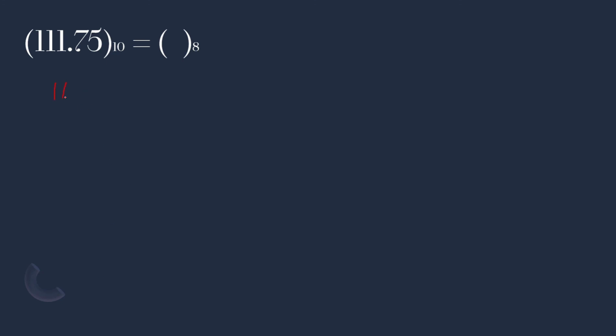Same thing, we have our integer part, then we have our fraction part. 111 divided by 8 equals 13.875. All we care about is this 13 right here. What's the remainder? 0.875 times 8 equals 7, so that remainder will be 7.